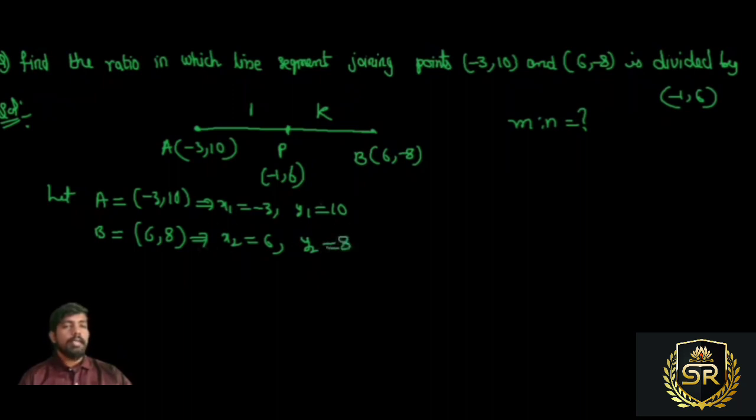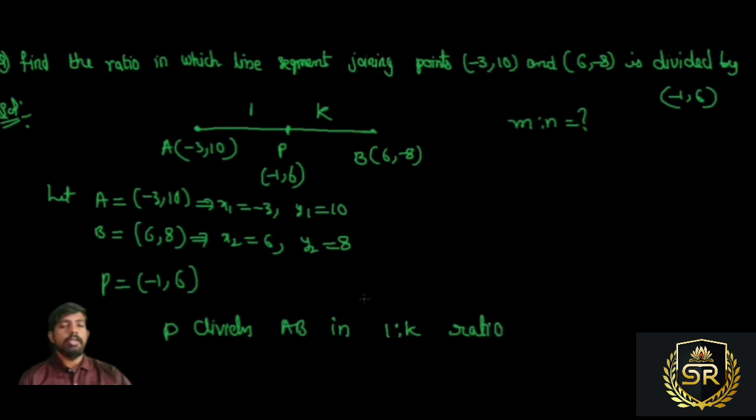Okay, x1 y1, x2 y2, we got it. Next, P point is there. P is equals to minus 1 comma 6, we assume. Next, ratio. Here P divides AB in 1 is to k ratio, assuming.